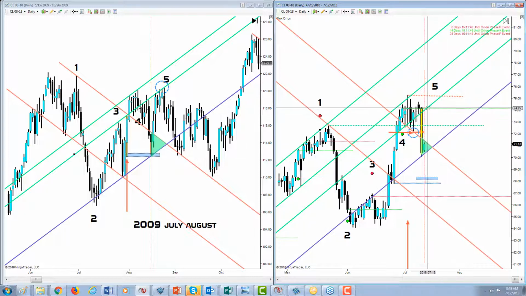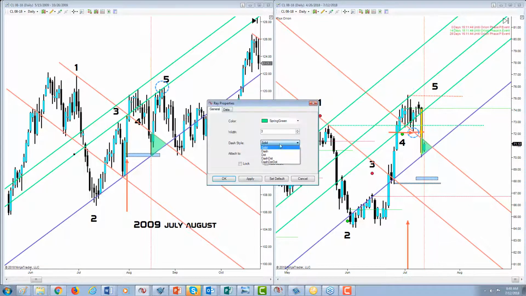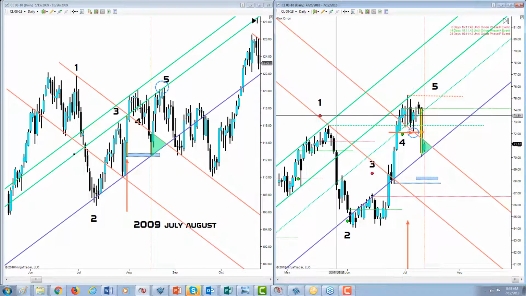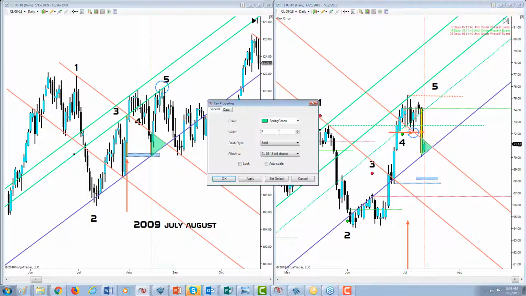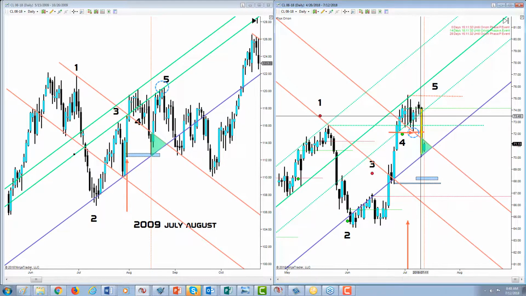It's either coming back up to this green line here or to this one. The more conservative, obviously, is the lower line.